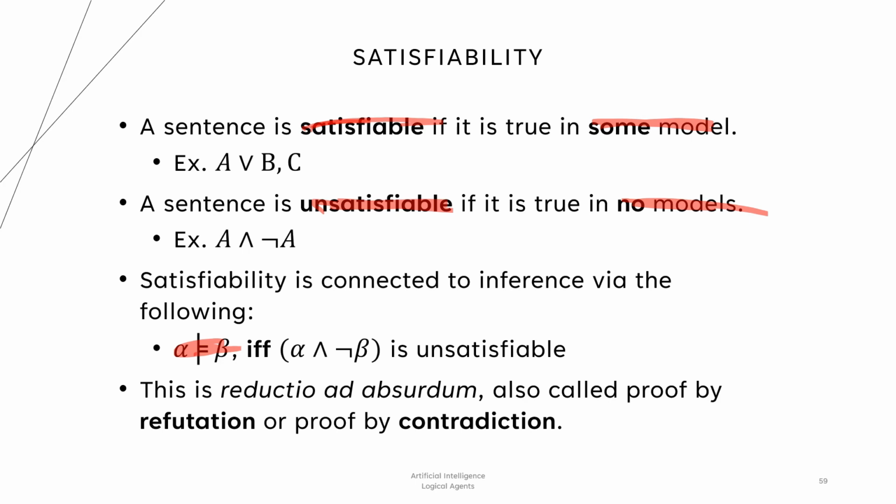So alpha and the opposite of beta can never be true. So this is a proof by refutation, or a proof by contradiction, which we'll see once we get to resolution. But does satisfiability make sense? Okay, cool.